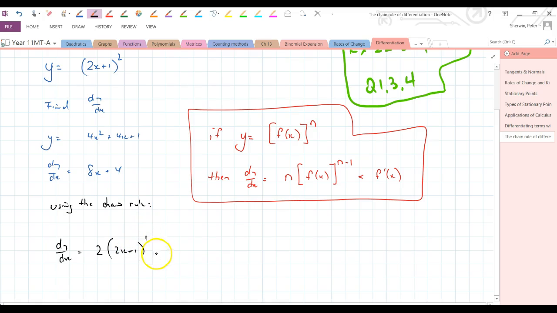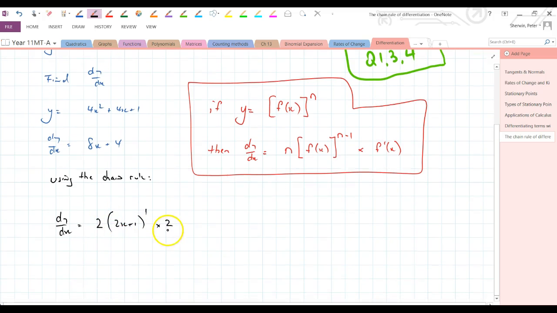I drop that by 1, and I multiply by the derivative of what's inside. Let's not forget to do that, times 2. I can then multiply this 2 by this 2 to get 4. 4 by (2x + 1) to the power of 1, it's just 4 by (2x + 1). And look at what we got there, 8x plus 4.